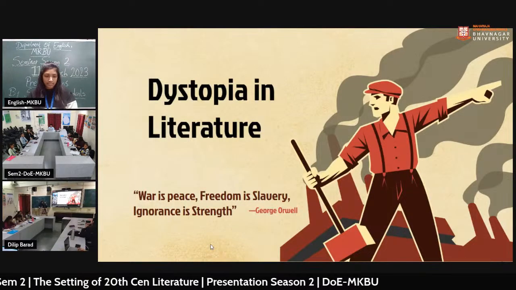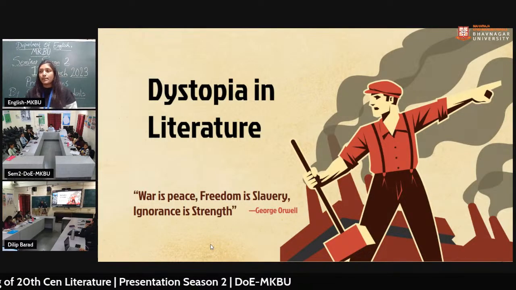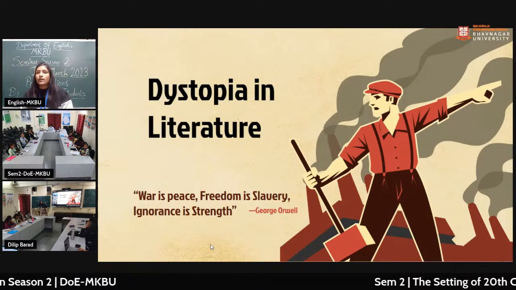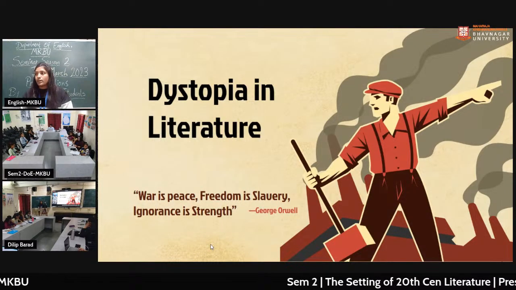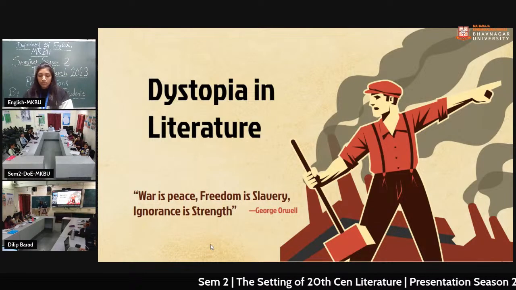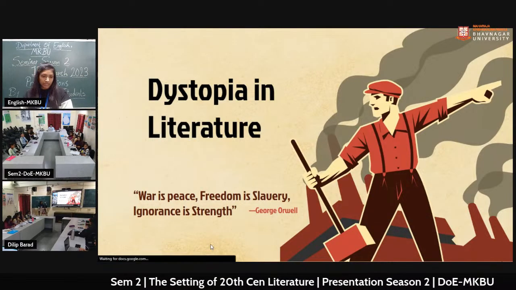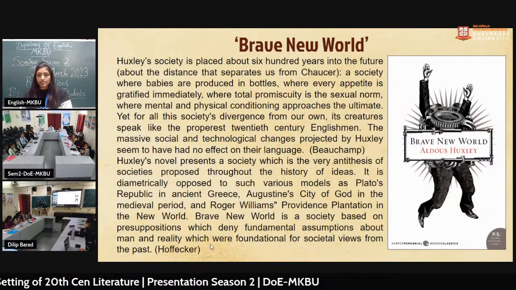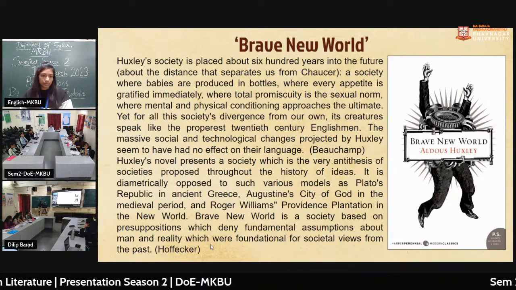Then dystopia in literature. We have so many examples of dystopian literature like 1984 by George Orwell, then Brave New World, Fahrenheit 451, and so many others. Amongst them, we'll discuss Brave New World of Aldous Huxley and 1984 of George Orwell.